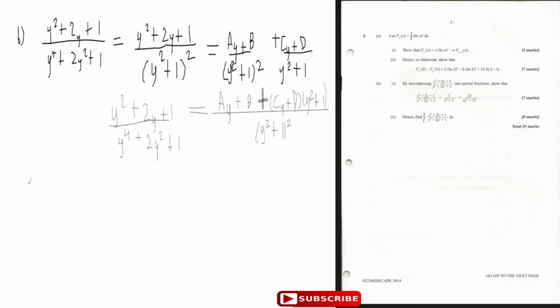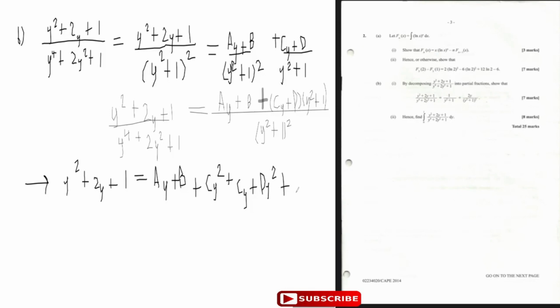So equating numerators, y squared plus 2y plus 1 is going to be equal to ay plus b plus, now if I were to expand this, I will get cy times y squared, which is plus cy cubed, plus cy times 1 is plus cy, plus dy squared, plus d. Nice and easy.